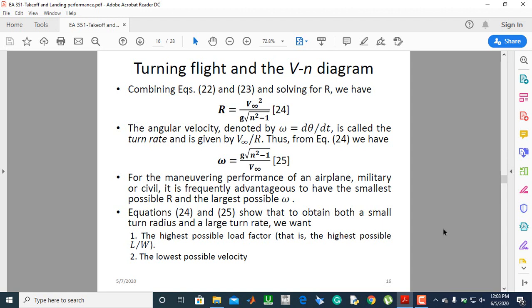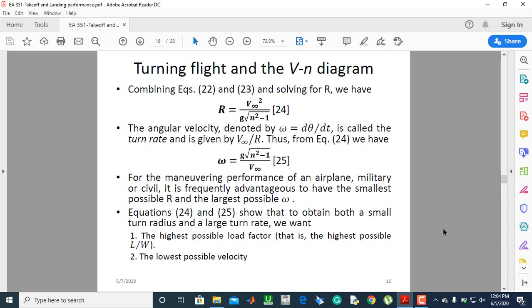If you expand this V squared, you say V times V, then you say V over R, then bring the other part on the left, you get this expression, which is V squared over R as the turn rate.